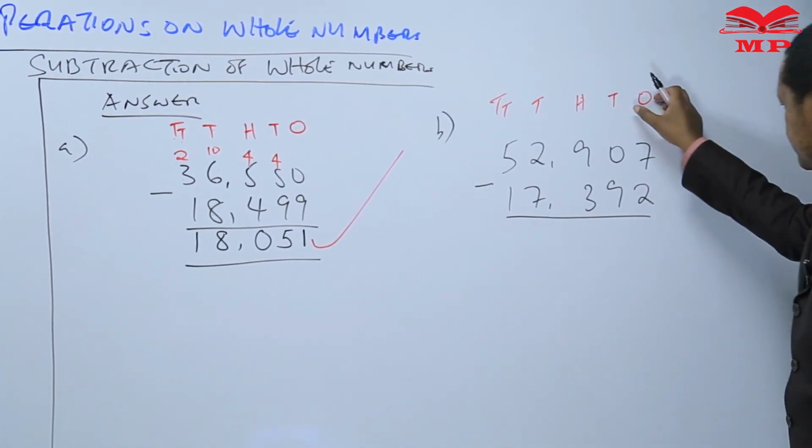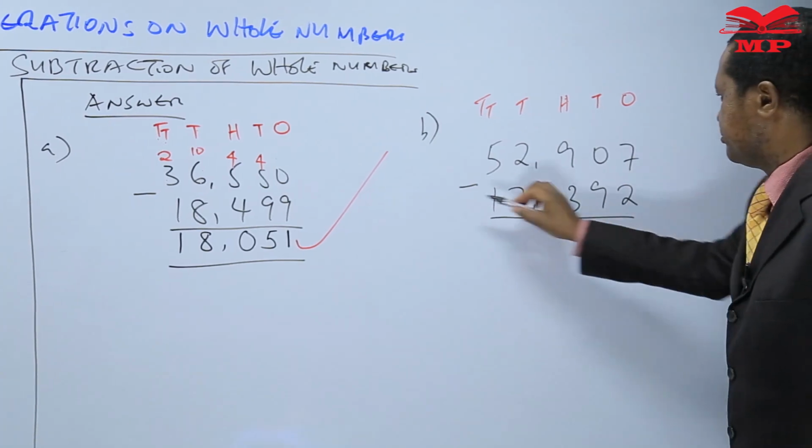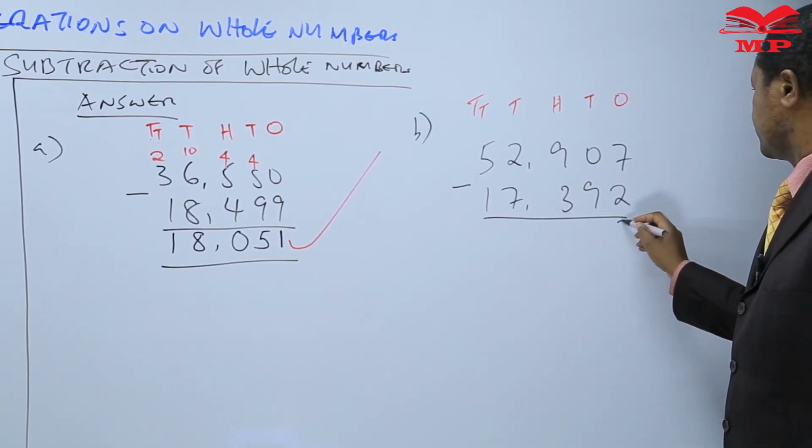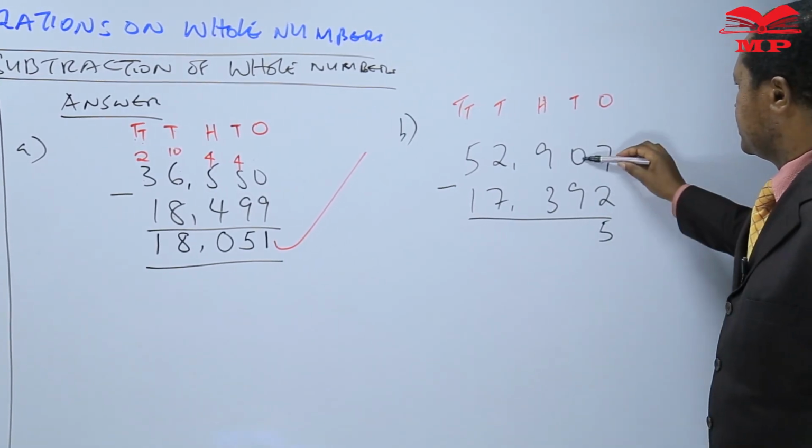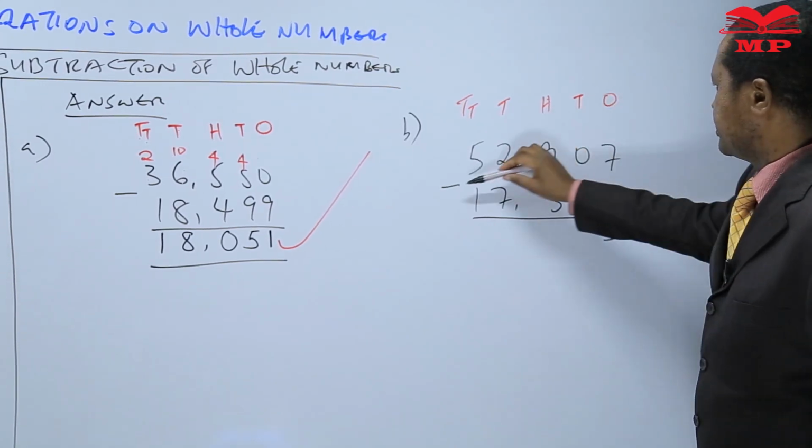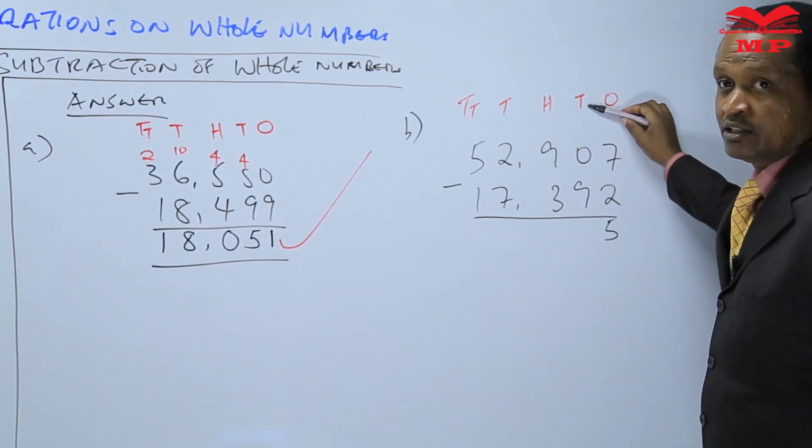So the ones: 7 minus 2 is equal to 5. 0 tens minus 9 tens is not possible.